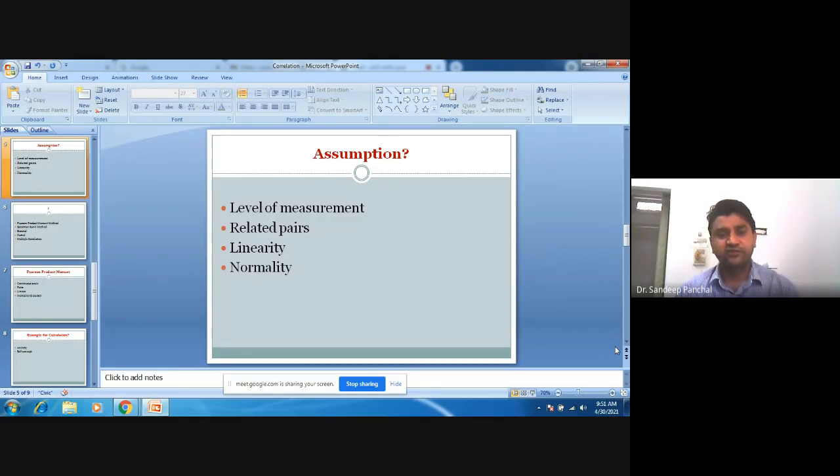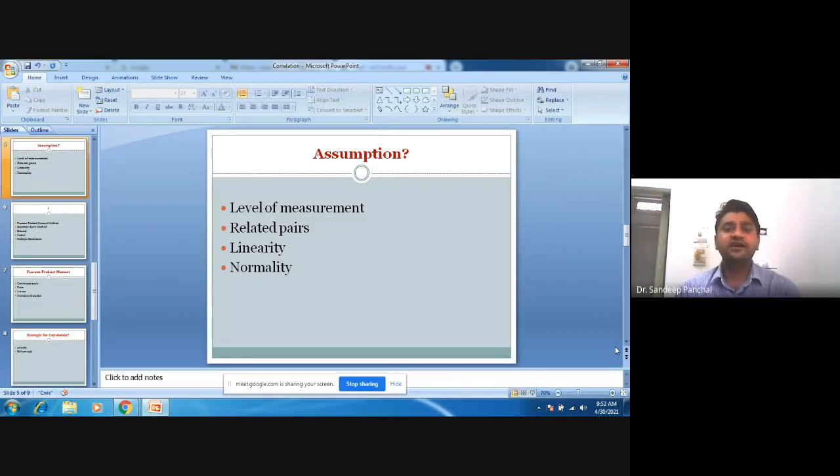Parametric means we have certain assumptions, certain conditions, and in non-parametric we are not following certain conditions, rather it is free. We can calculate the correlation coefficient in parametric statistics as well as non-parametric. So these are different things.